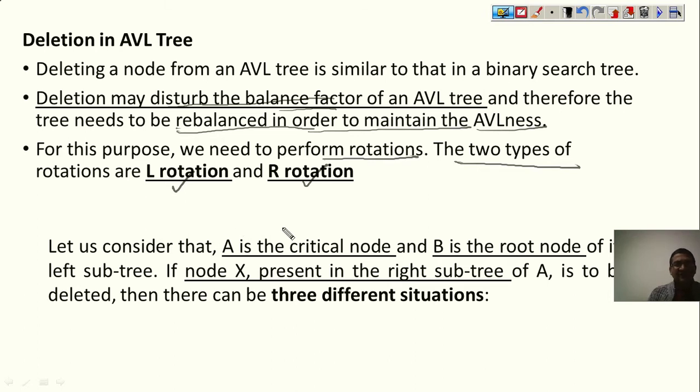Let us consider that A is a critical node. Already we have discussed the critical node: it is a node whose balancing factor gets disturbed, and we need to fix this.